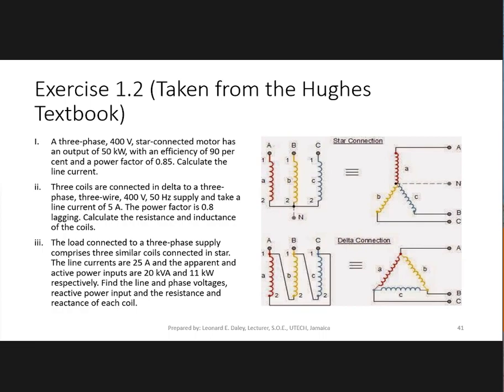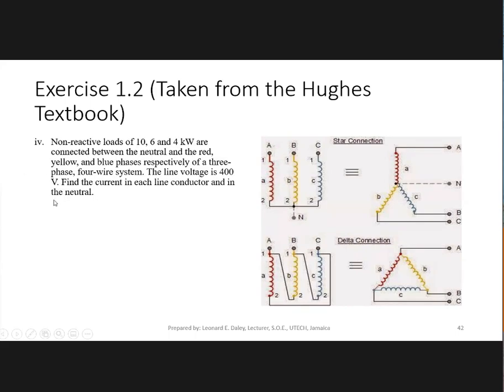Very good. All right. So for those who have completed those, you can look at number 4 here on the screen. Let me read it for you.